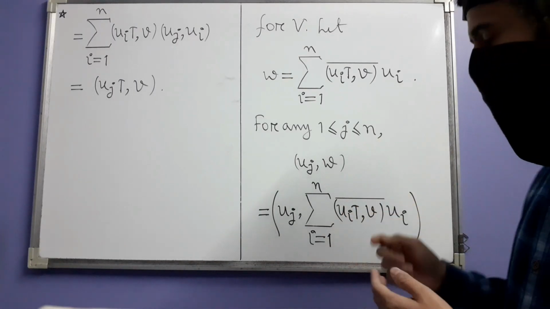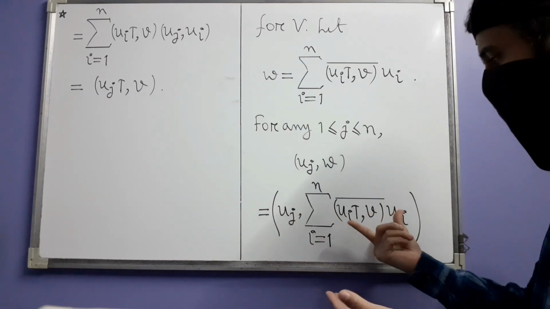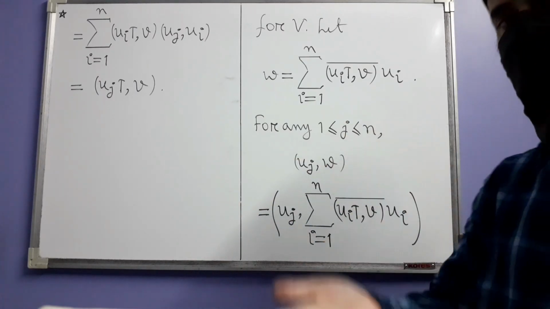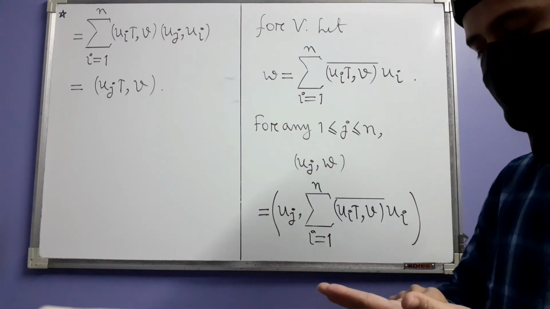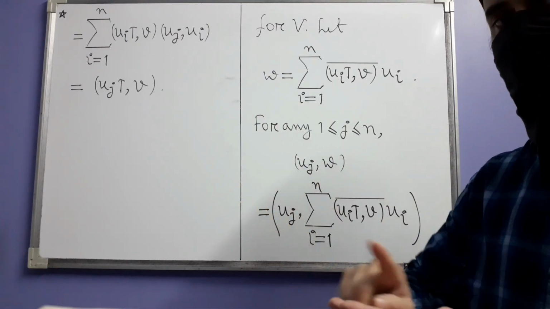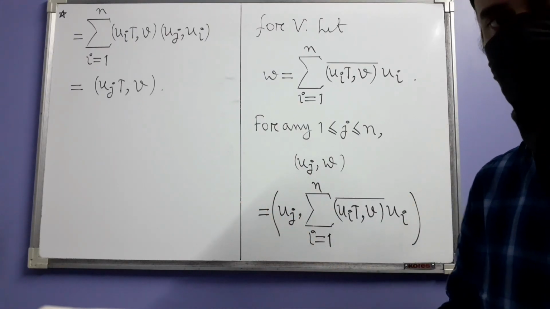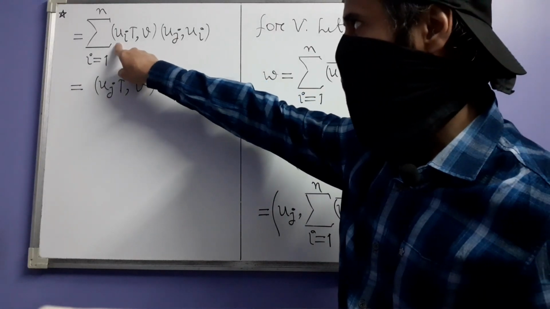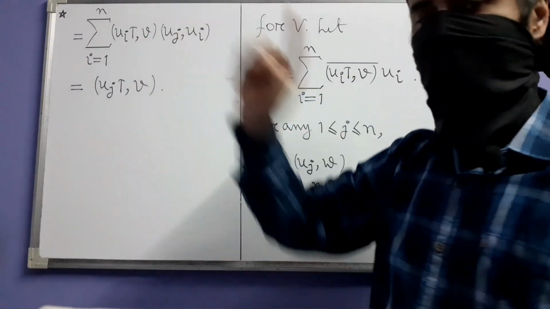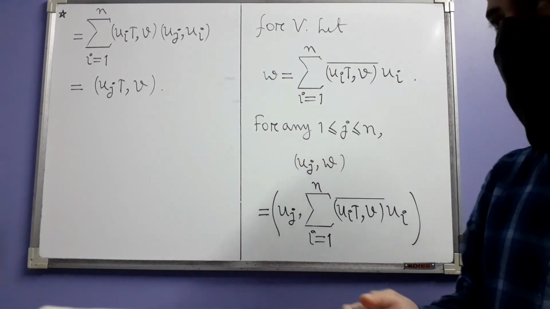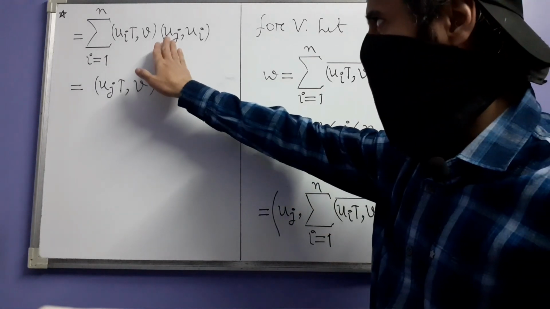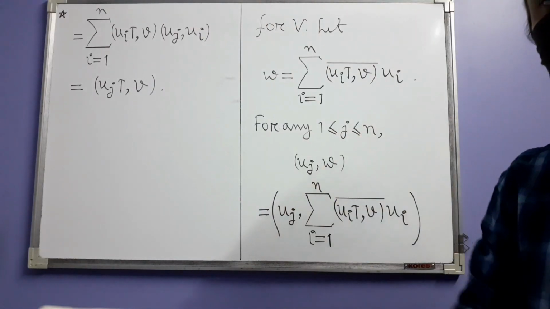And then from that inner product, the scalar comes out. But because it is coming out from the second component, the scalar itself does not come out, but its complex conjugate comes out. Already there is a complex conjugate, so that is why you see this ordinary ui t comma v. And then with that, what else do you have? You have uj with ui, this inner product.